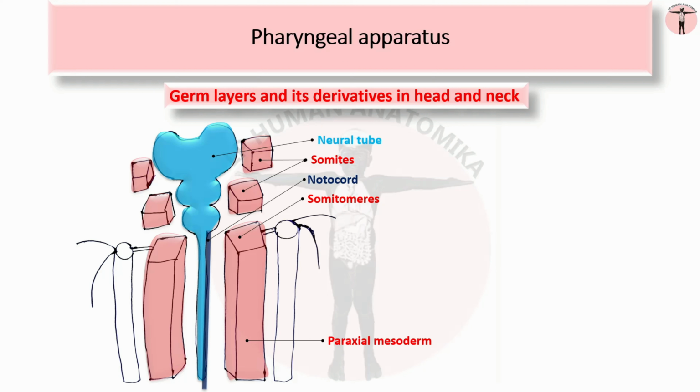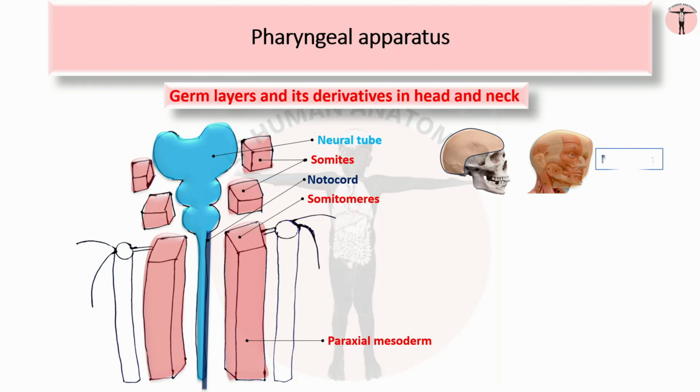It gives rise to a large portion of the membranous and cartilaginous components of the neurocranium or the skull cap, all voluntary muscles of the craniofacial region, the dermis and the connective tissues in the dorsal region of the head, and the meninges caudal to the prosencephalon. Intermediate mesoderm forms the genitourinary system, which will be dealt with later.